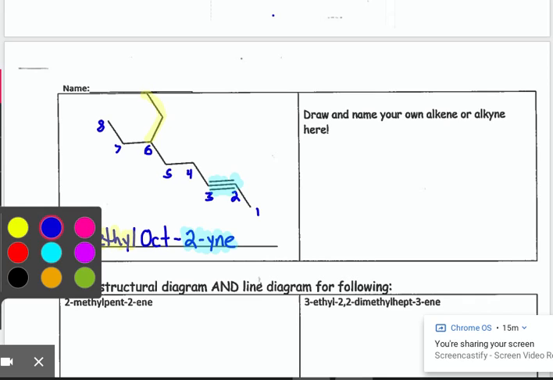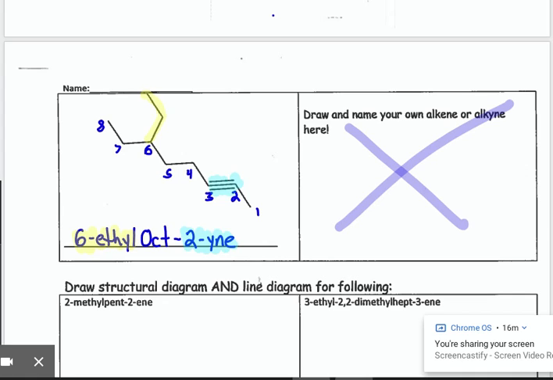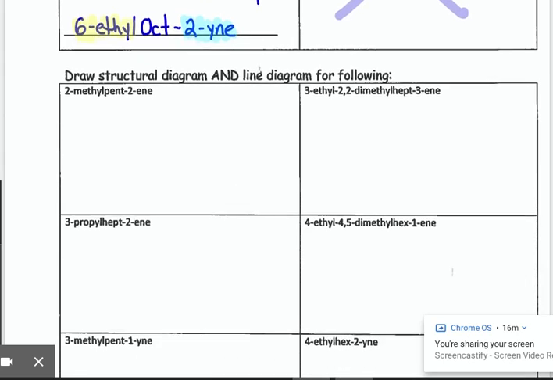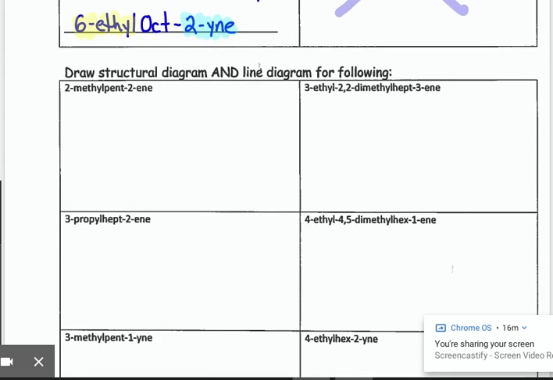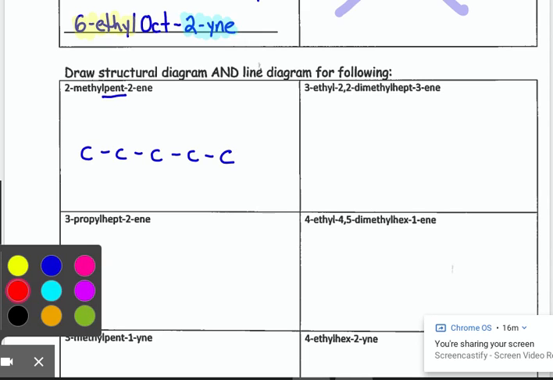Okay, so don't need to worry about this section here, but what we do need to do is draw a couple. Now, drawing is actually significantly easier than naming because you can just do it in steps. So pent, here we have 5. So you're going to draw your parent chain, 2, 3, 4, 5. You have a double bond on carbon 2, so that's going to go here.